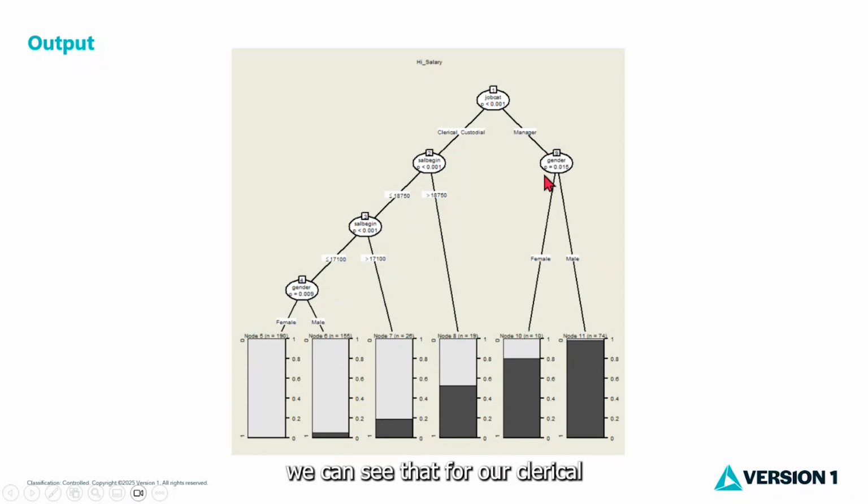And right away, we can see that for our clerical and custodial employees, it splits on beginning salary, whereas for our managers, it splits on gender. And here we have node 10 and 11. And what we notice is that managers, again, are primarily our high earners. There are some high earners in clerical and custodial, but they need to start on a higher beginning salary. So we see this on node 8. So just over half are high earners.